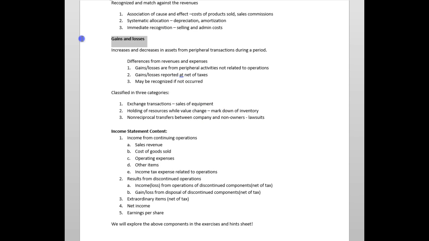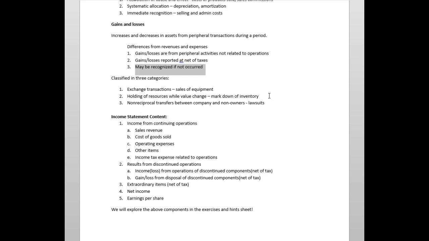Then we move down to gains and losses. These are increases in assets from peripheral transactions, and I'm not trying to confuse you. A peripheral transaction is something that's not directly related to operations. They're reported at net of taxes, and they may be recognized even if they haven't occurred yet. So we'll dig into that a bit in this chapter.